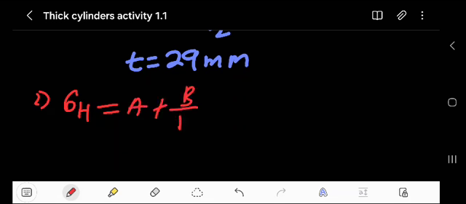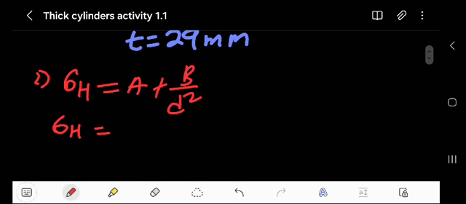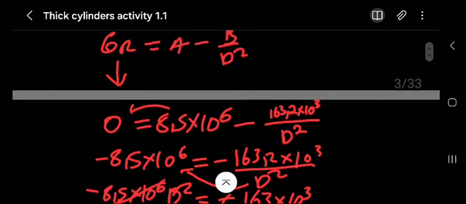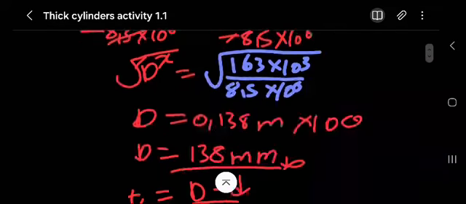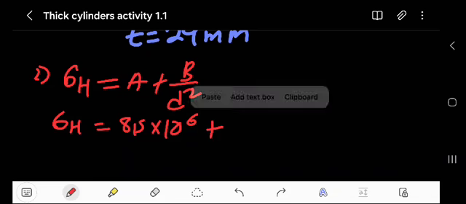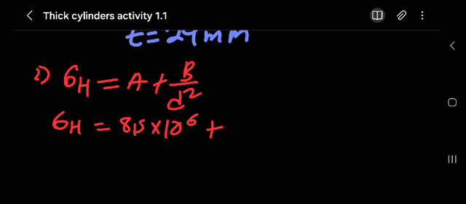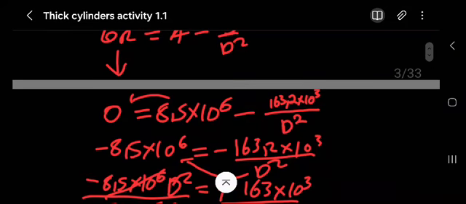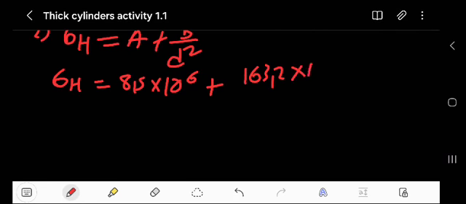The hoop stress is the value of A, which was 8.5 times 10 to the power of 6, plus the value of B, which was 163.2 times 10 to the power of 3, divided by the diameter squared.